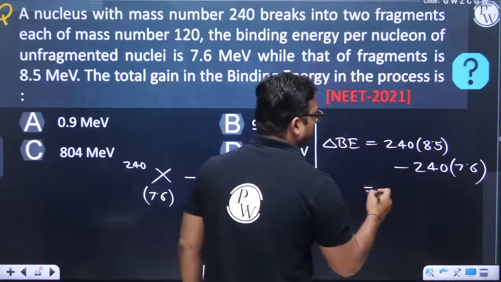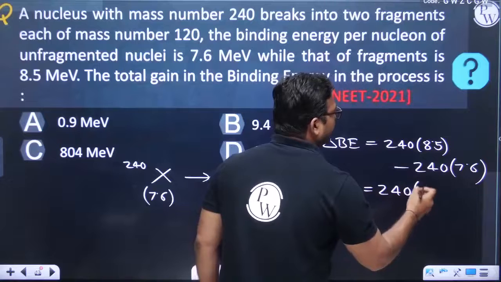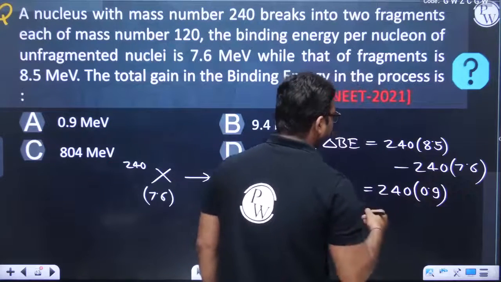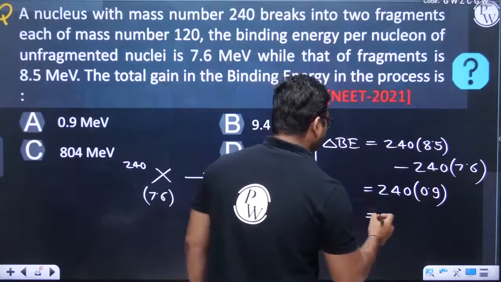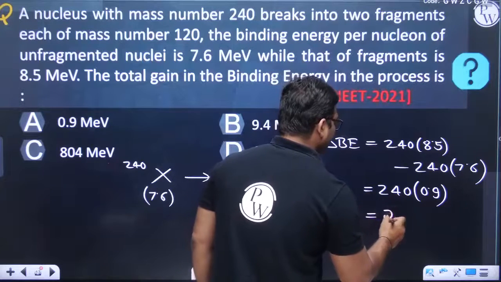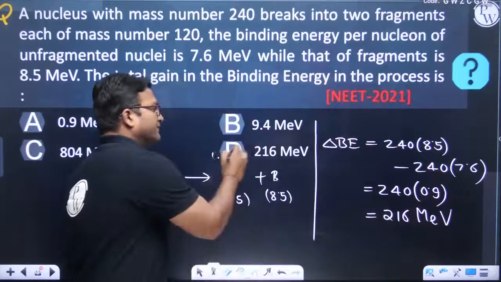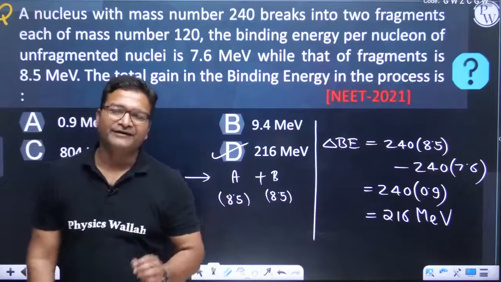If you take 240 common, we'll have 0.9 here, and if you multiply this, you will have 216 million electron volts. So obviously D is your perfect choice.